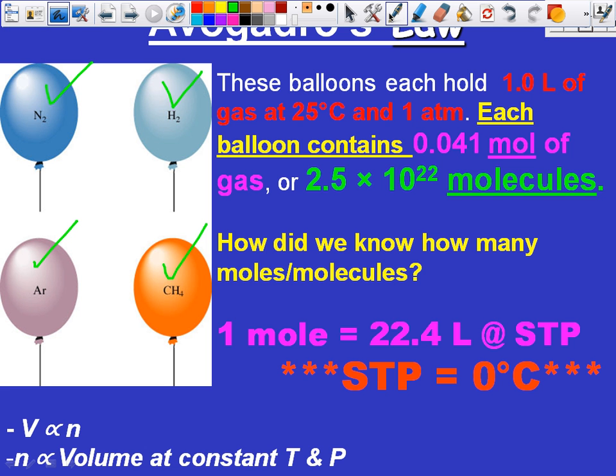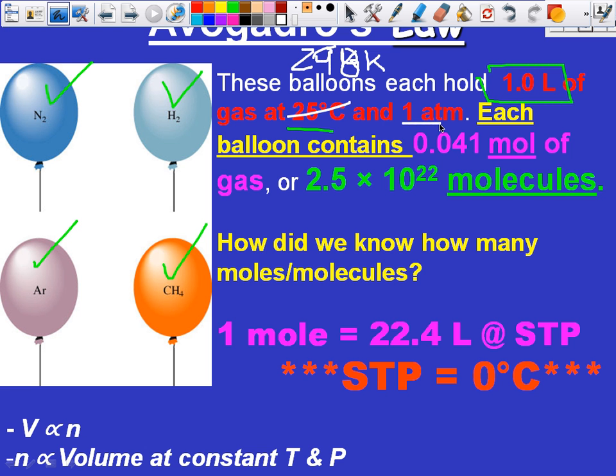Now, if you want to read into it over here, these balloons hold 1 liter at 25 Celsius. Now, we know that's not good for us, so let's change that to 298 Kelvin.